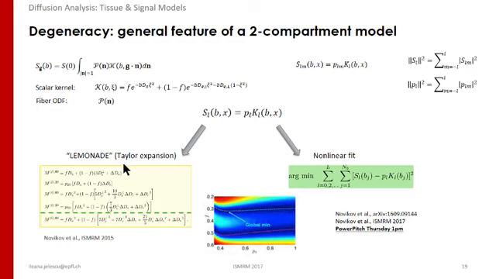You can estimate these model parameters either by using a Taylor expansion if you stop at fairly low B values, or you can push it to much higher B values using nonlinear fitting. In both cases, you can show analytically that you do have 2 solutions, and you hope that going to higher B values will solve this degeneracy. This will be discussed on Thursday afternoon in the power pitch session. I invite you to attend that as well.